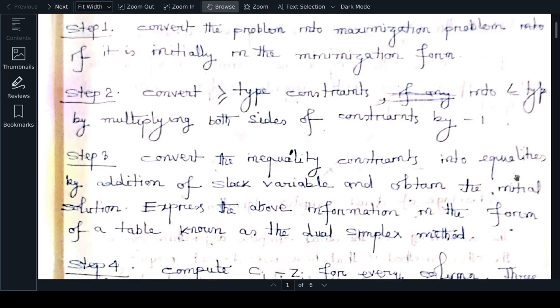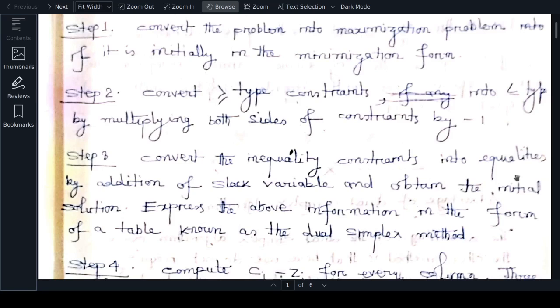And step 3 will be: convert the inequality constraints into equalities by adding slack variables and obtain the initial solution, and express the above information in the form of a table known as the dual simplex table.